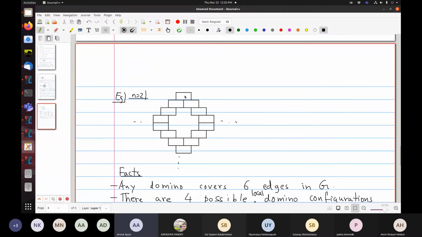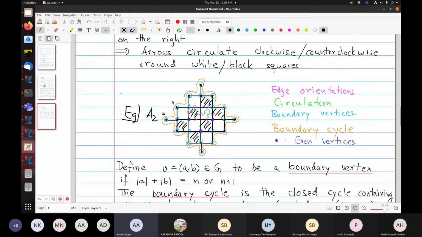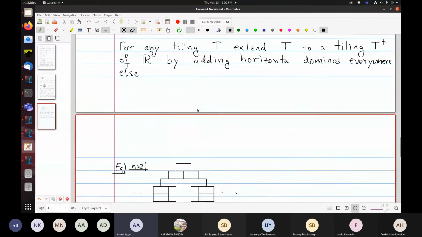So this is where the T plus plays a role. So all the vertices over here lie on the boundary, this boundary cycle lie on the boundary of an external domino at least, and all of these will have to lie on the boundary of some domino because this is a tiling. It's going to tile the region.